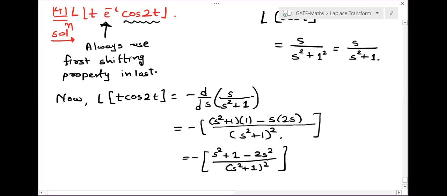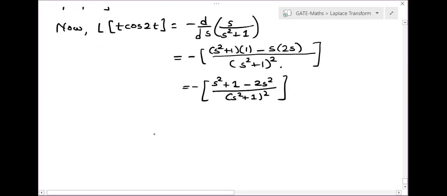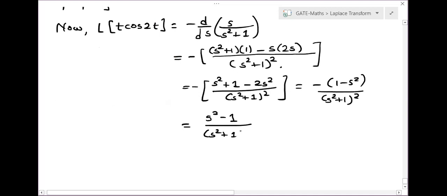So s square minus 2s square is minus s square, or not? So this will become minus of 1 minus s square divided by s square plus 1 whole square. If you give minus inside in numerator, it will become s square minus 1 divided by s square plus 1 whole square. This is your Laplace of t cos 2t.